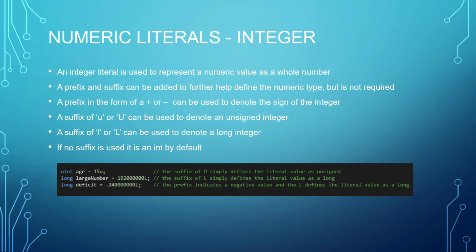So if you assign a suffix of u, it can be used to denote an unsigned integer. An unsigned integer is a numeric whole number that is always positive. You can't have a negative number because it's unsigned.